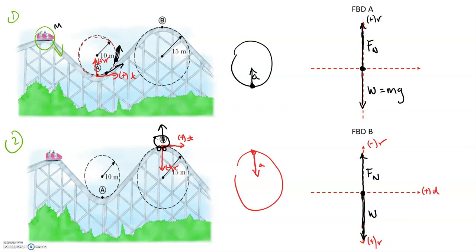So let's take a look at situation 2 again for position B, and let's try and make sense of it. So we're at the top. We have a net force downwards, so the weight force is greater than the normal force. And since the normal force is less than the weight force, it's smaller than what we would normally experience if we weren't accelerating.